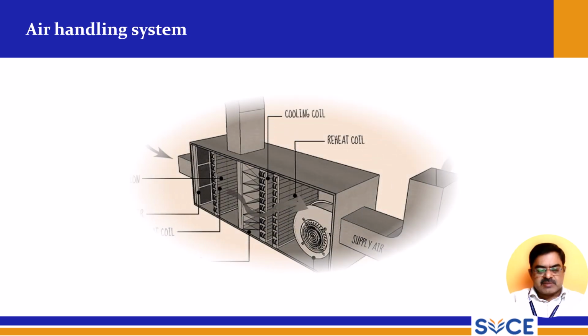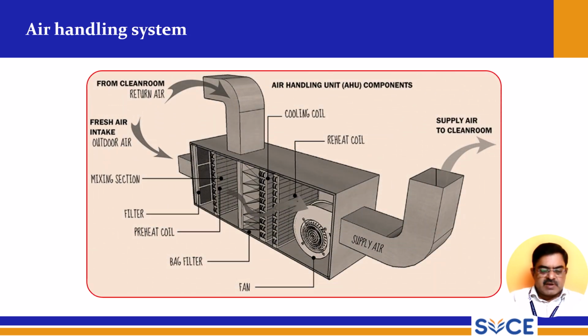Air handling system. This is one example of an air handling system. This is the return air from the clean room, and this is the fresh air intake. This is the intake inlet, and this is the mixing section, and we have filters.